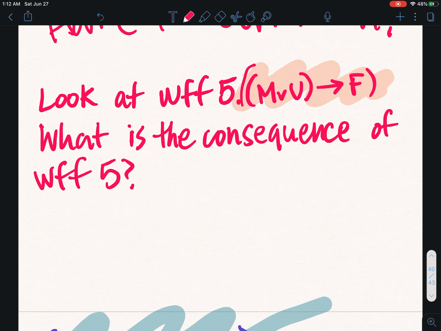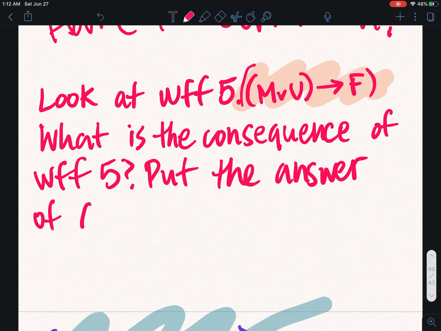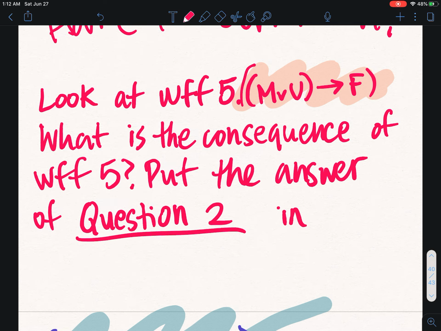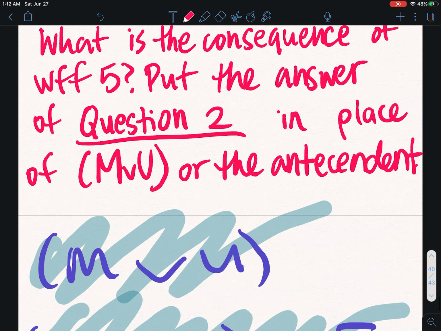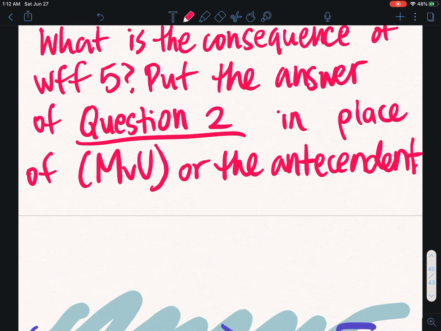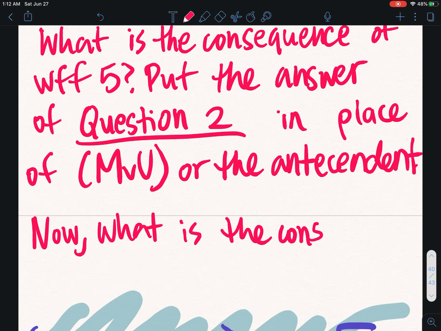Okay, so then you say put the answer of question 2 in place of, now what is the consequence?